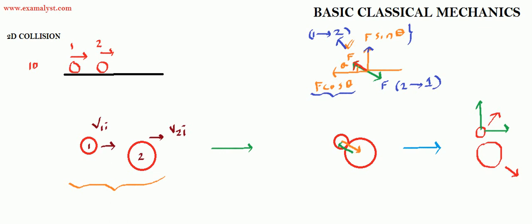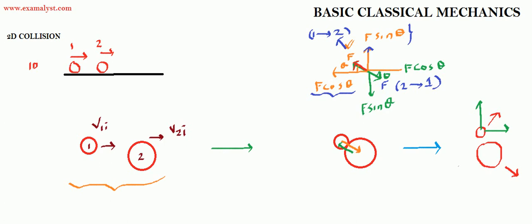Similarly, this particular green force, that is the force on 2 due to 1, has two components. One is F cos theta, and this F cos theta tries to increase the velocity of ball 2, and there is another component F sin theta, and this F sin theta will try to give the second ball a motion in the downward direction.